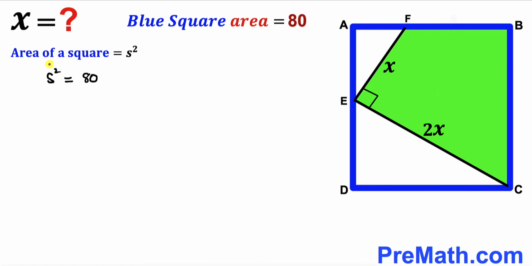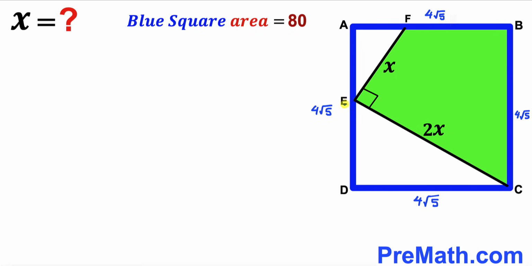Taking the square root on both sides, our side length s is 4 times the square root of 5. So this AB side length is 4 times the square root of 5, and likewise each of the other sides is 4 times the square root of 5 as well.